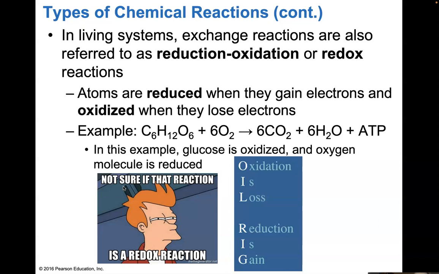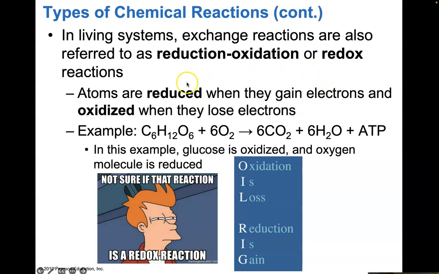So the basis behind redox reactions is that there are atoms that are going to be reduced when they take on or gain electrons. And when they do that, they will form more high energy bonds. So it's kind of confusing because the term reduced has to do with the overall charge, right?